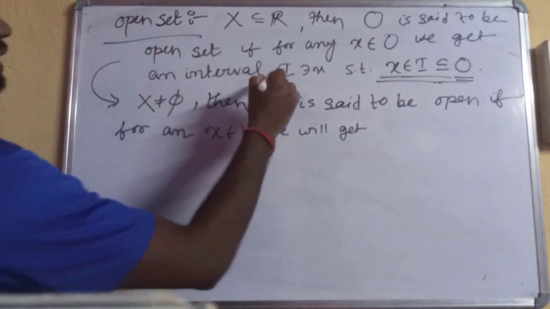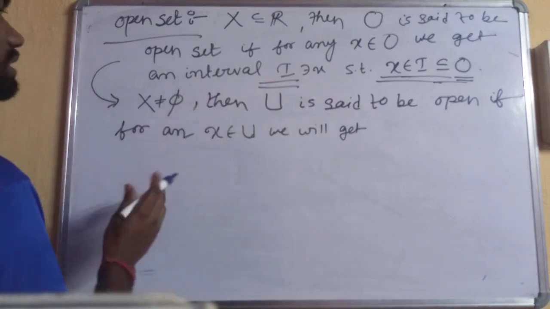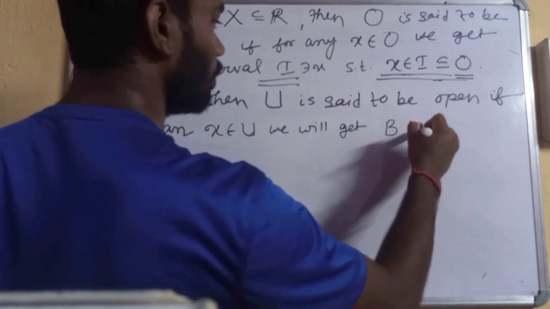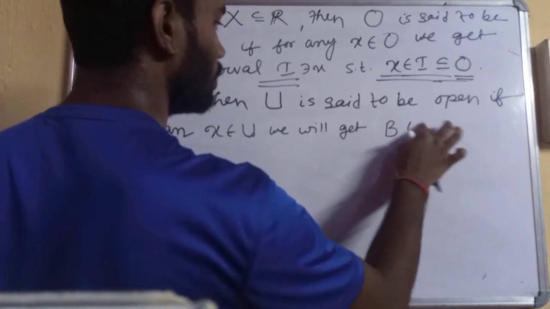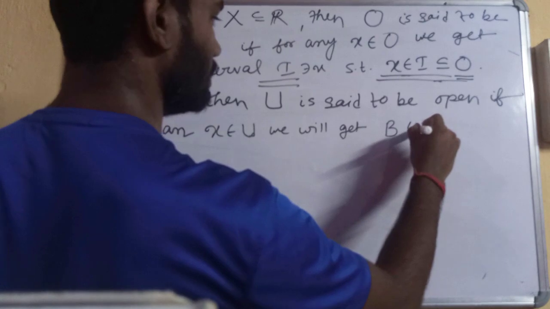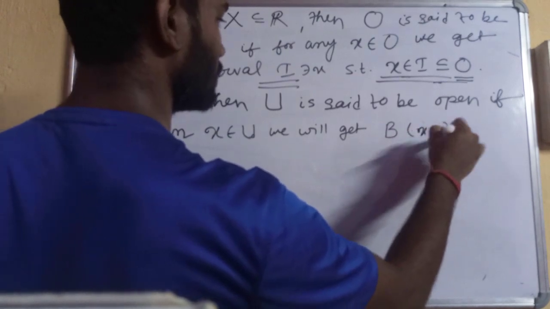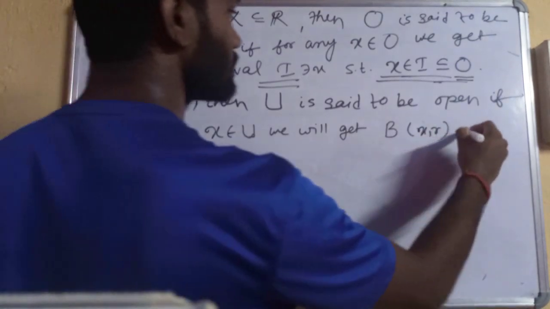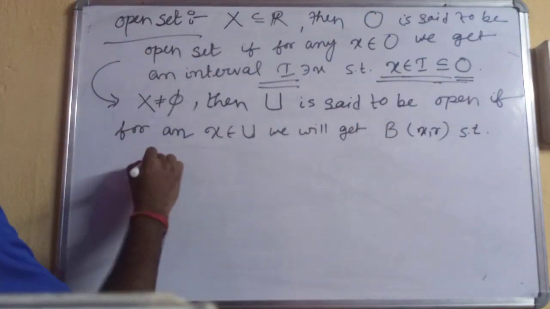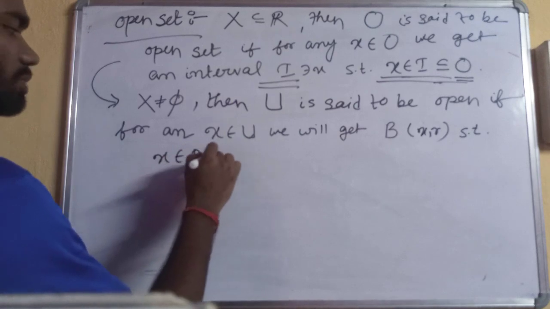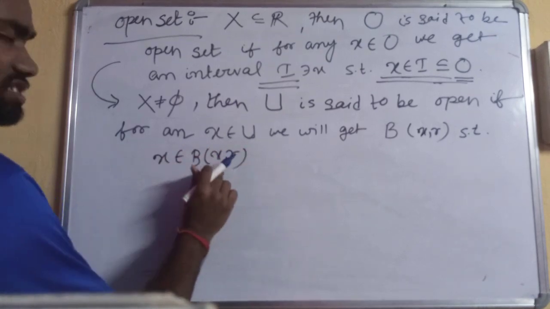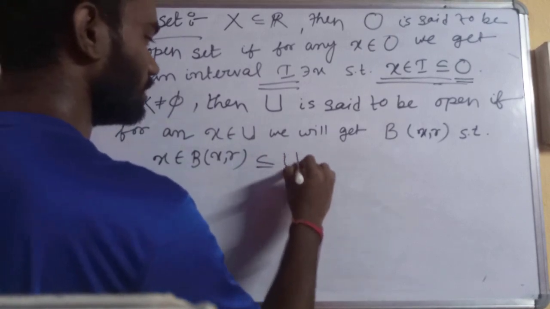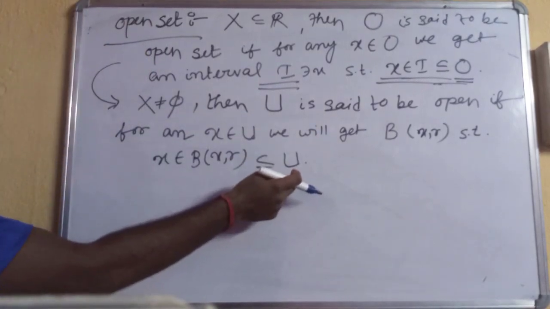What do we get here? In real analysis we get an interval, but in a metric space we get an open ball, with x as the center. We get a ball B(x, r) such that x belongs to B(x, r), which is obvious because x is the center, and it is a subset of U. Then U is called an open set.